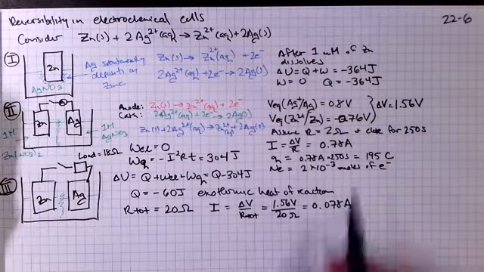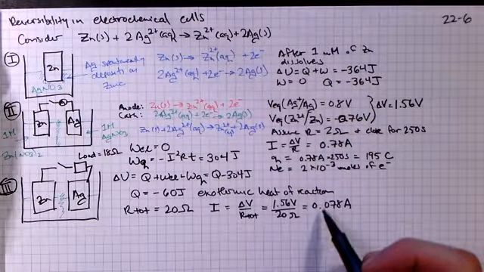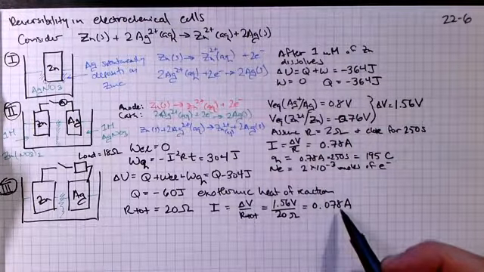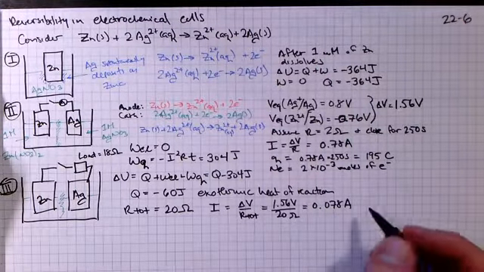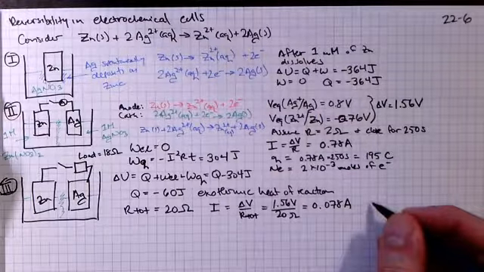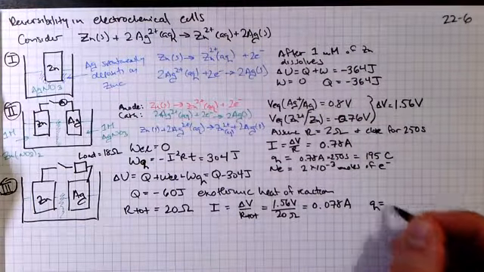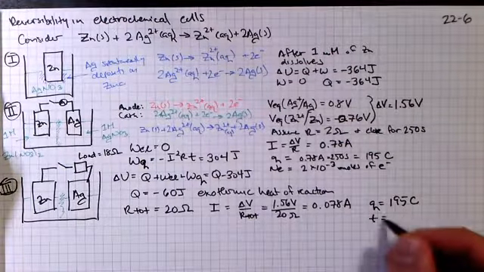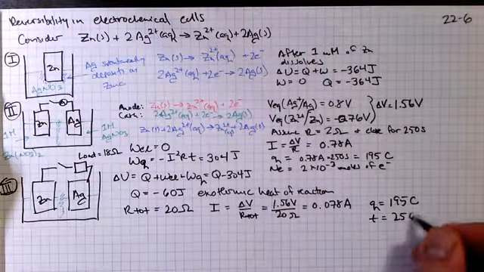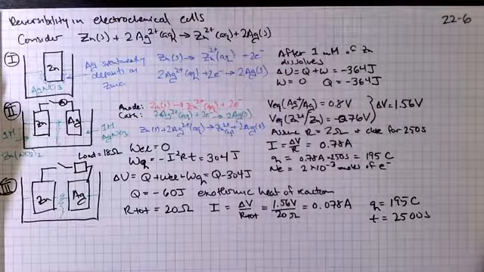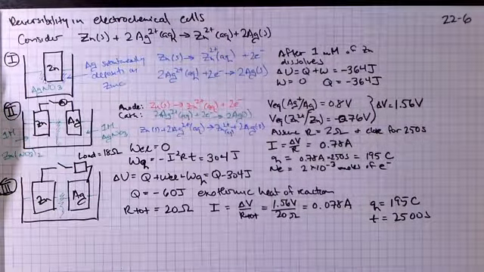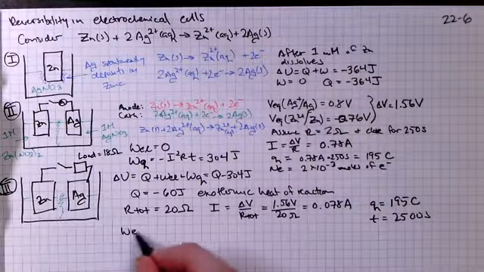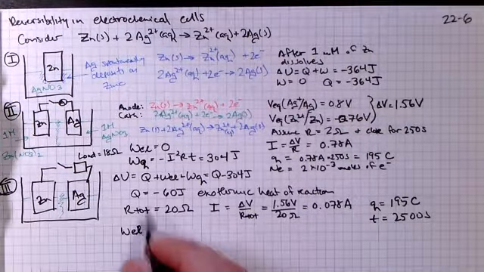So now the current is going down, right? The current has gone down by a factor of 10. So in order to transfer a similar amount of electrons, we're going to assume a time, so we still want Q to be 195 coulombs like we did here, so we're going to say the time is 2500 seconds. Okay, so the useful work done now is not 0 like it was before.